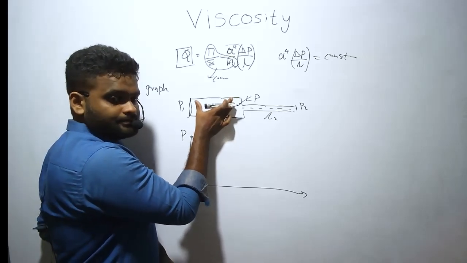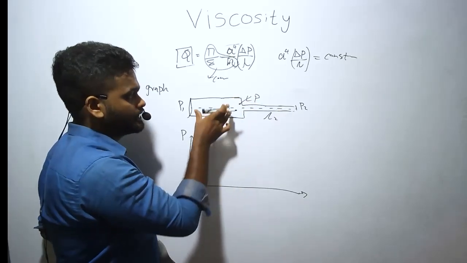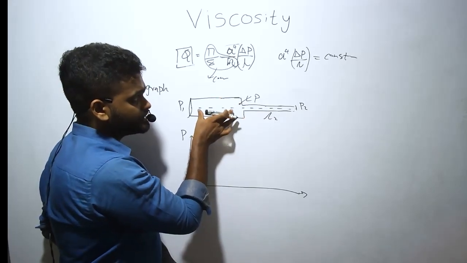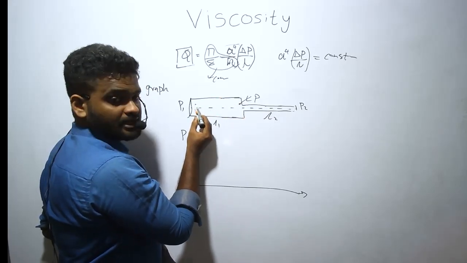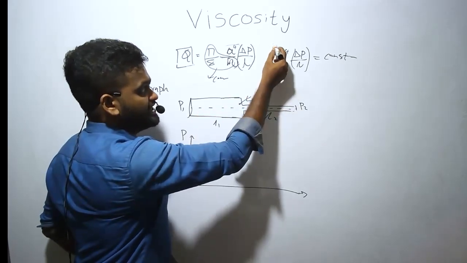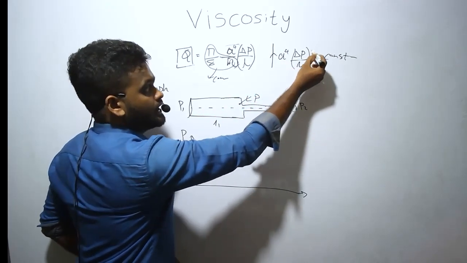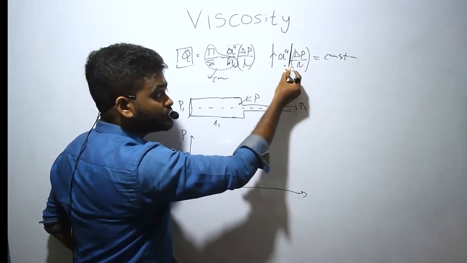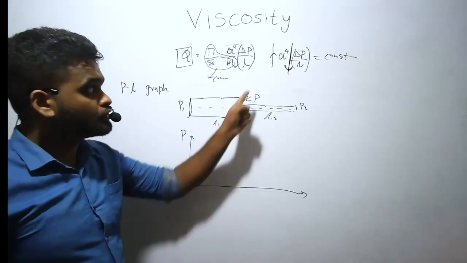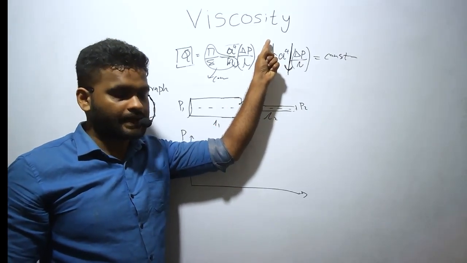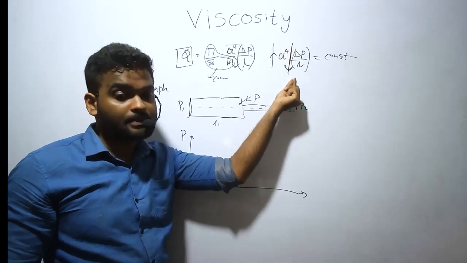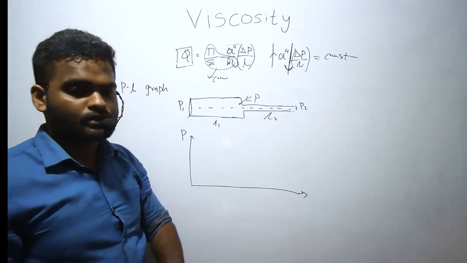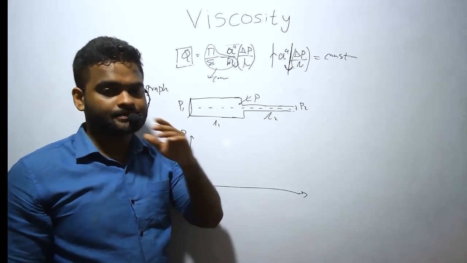When you compare these two pipes, using this, I have to compare these two pipes. So what's the difference here? For this pipe, simply A is larger. Meaning if A is larger, what should happen to the pressure gradient? Pressure gradient should be small. So for larger radius, we need to have a less pressure gradient, delta P divided by L. Remember what is gradient?